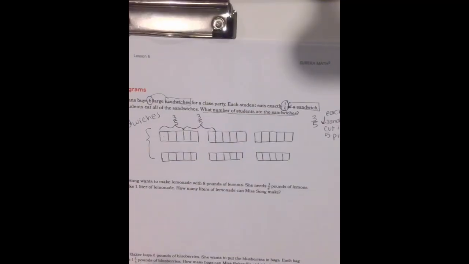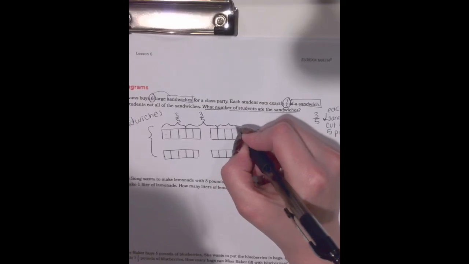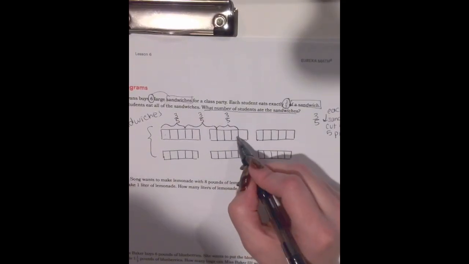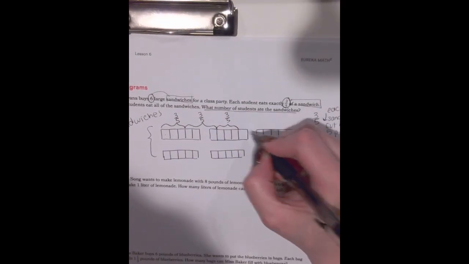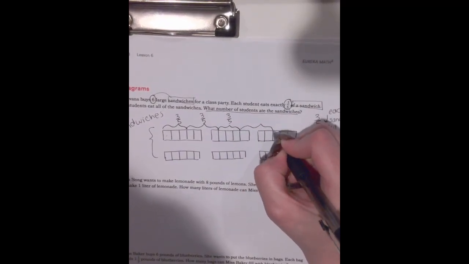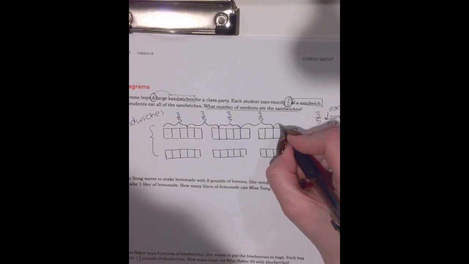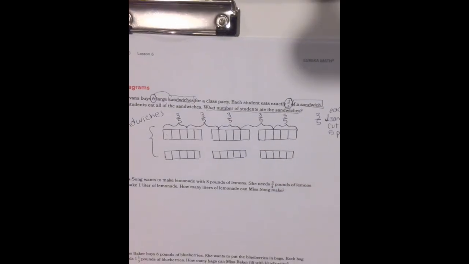So that's another 3/5. The next person comes up and takes 3/5 here. We see 1, 2, 3. The next person takes the last piece here, but they still want 2 more. So they're going to come over here and take this one. And then there's one more person to take 3/5 here.